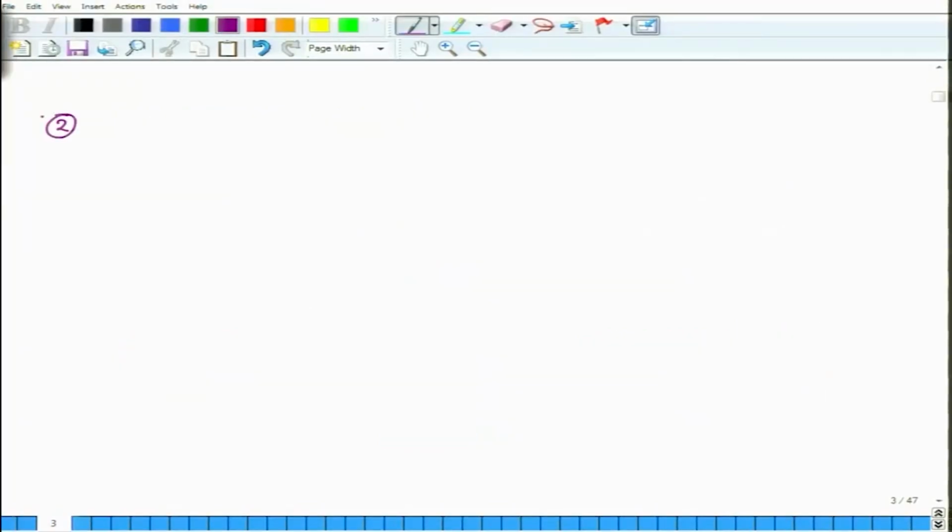Another example would be bone. This is again a natural composite. Now, when you look at a bone, it looks something like this, and if you cut a cross section here, you will see that there are fibers like this, and again it is bound by some matrix material.